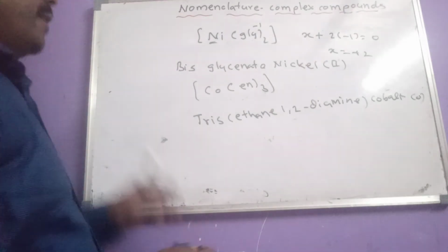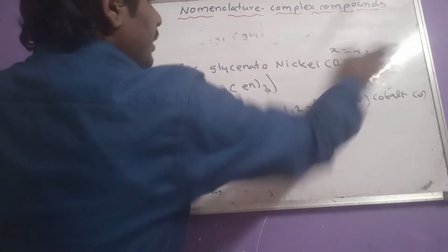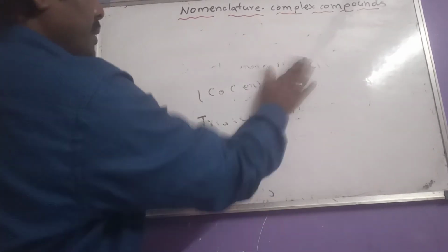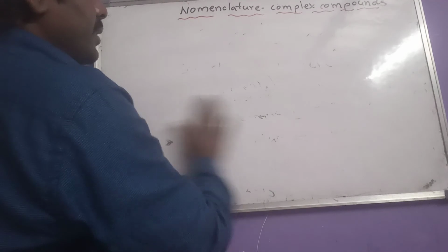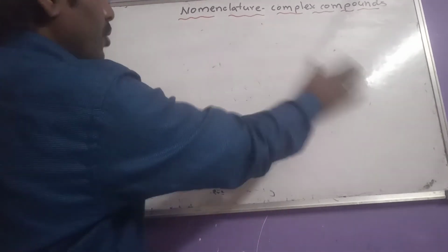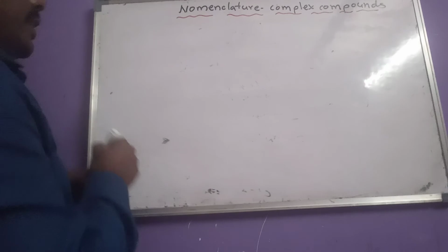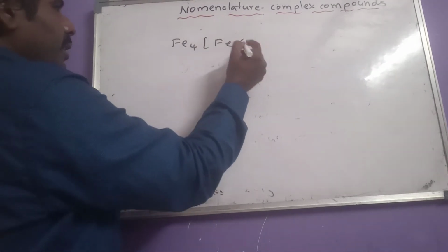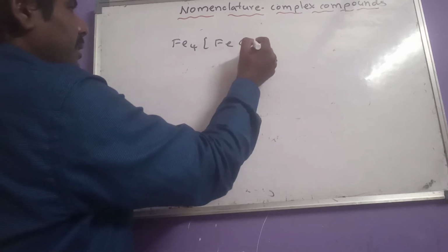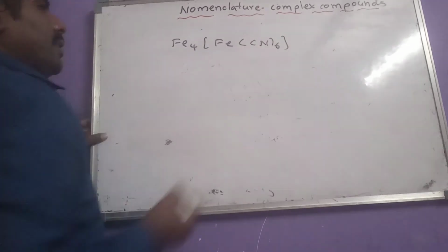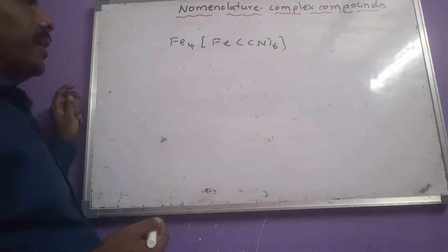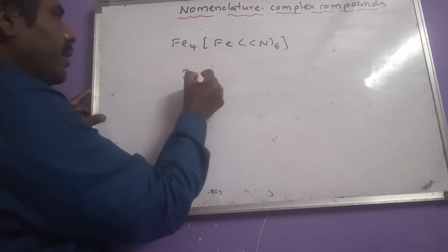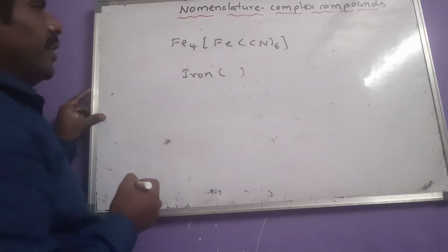Okay, then sometimes here is another critical example I give. What is that? The same metal present as a counter ion and also as a central atom. So example here, Fe4[Fe(CN)6]3, or any example with CN taken 6. Now what is this name? First we give its name as iron, and we write its oxidation number.